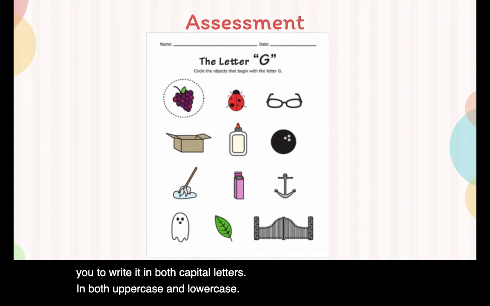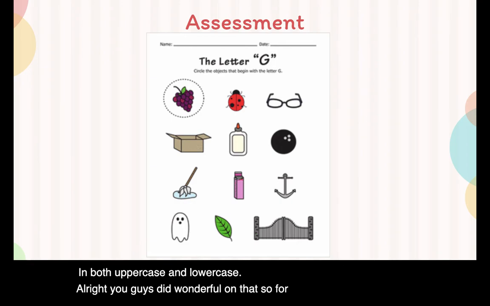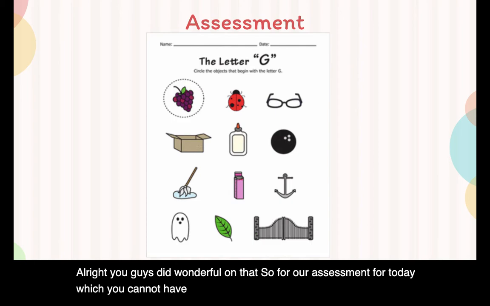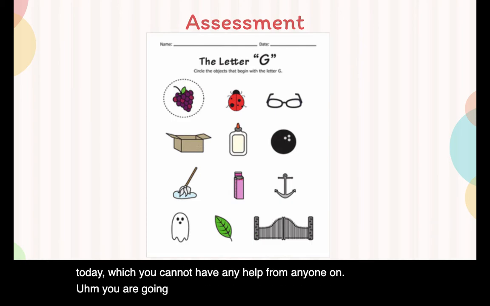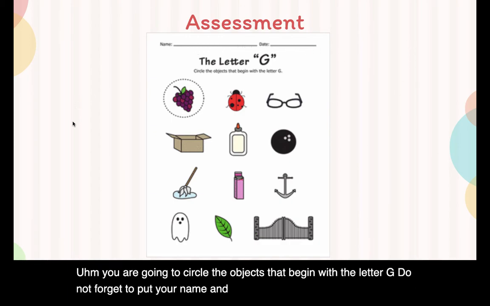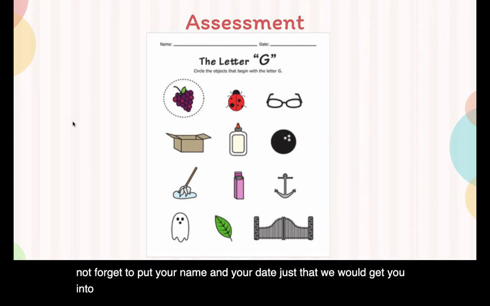All right, you guys did wonderful on that. So for our assessment for today, which you cannot have any help from anyone on, you are going to circle the objects that begin with the letter G. Do not forget to put your name and your date, just so that we get you into the habit of doing that.